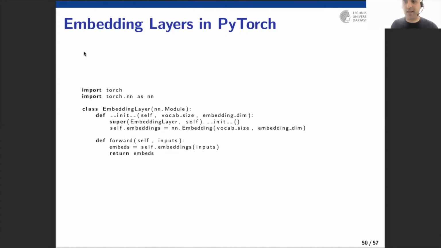Okay, let's see how we can define a neural model or neural network in PyTorch. For now, we assume that we want to define a neural model like this.